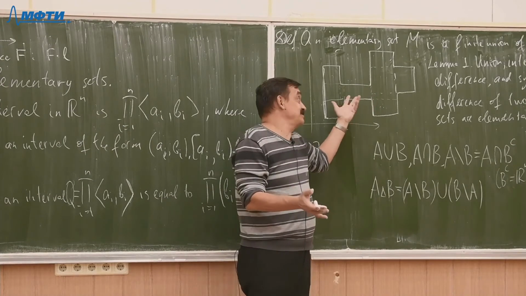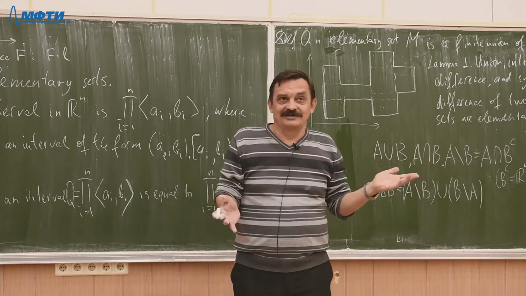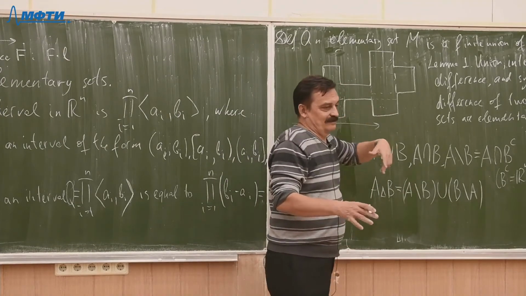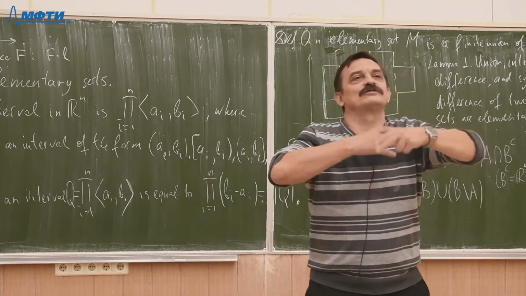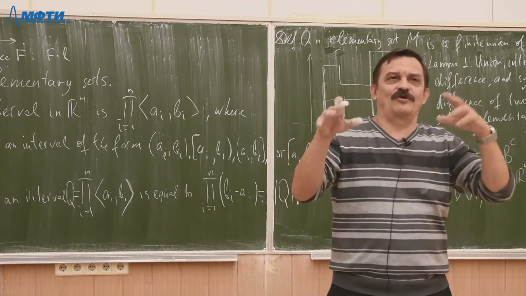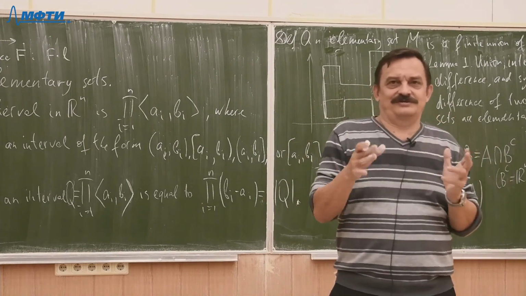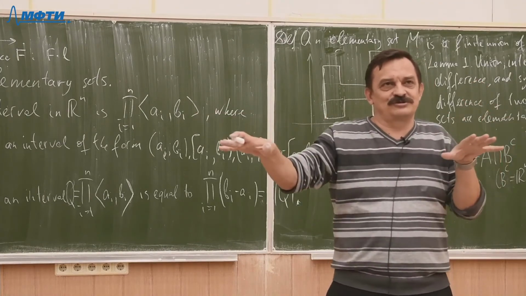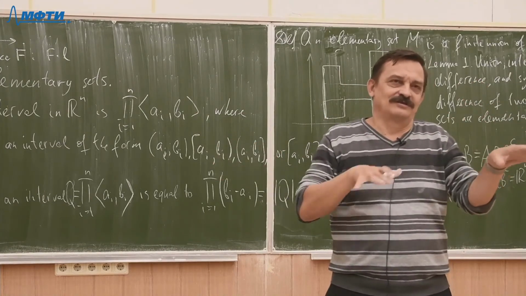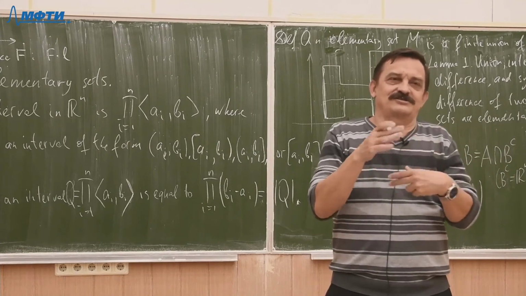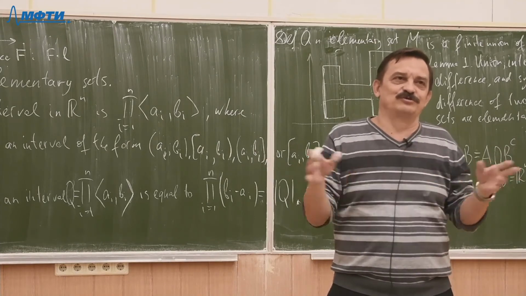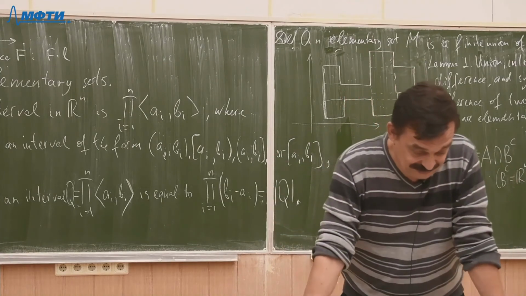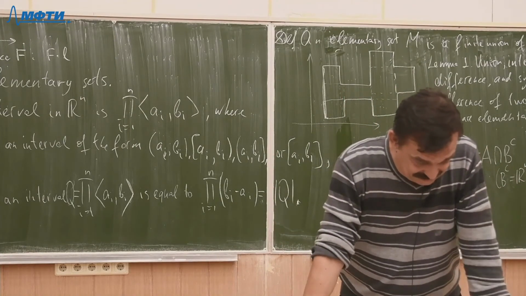But nevertheless, you need to prove it. For a rigorous proof, you need to consider all mutual intersections of all those intervals. If you have two partitions, then you need to consider all intersections of those two partitions. That's a way to prove it rigorously.